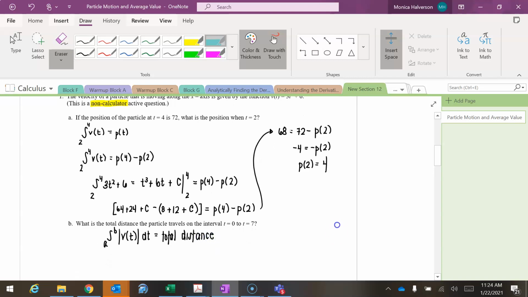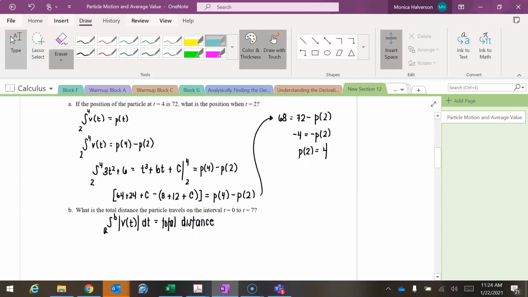In this one, because we have all positive values within our function, we can just do the integral from 0 to 7 of 3t squared plus 6 dt.